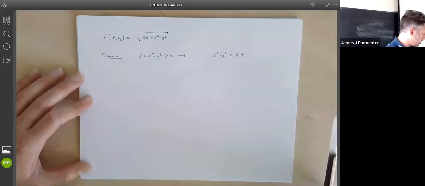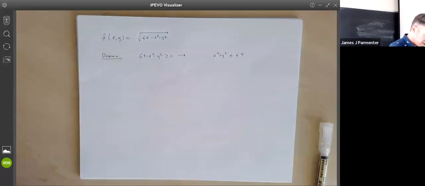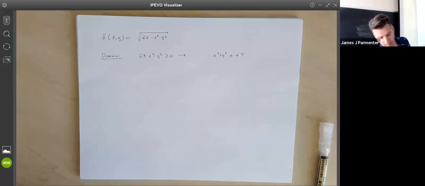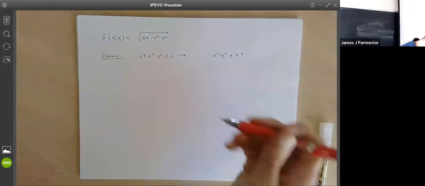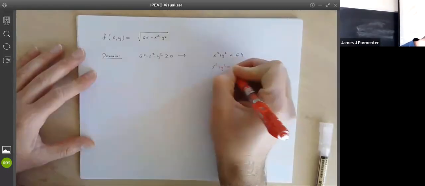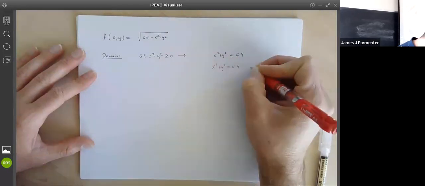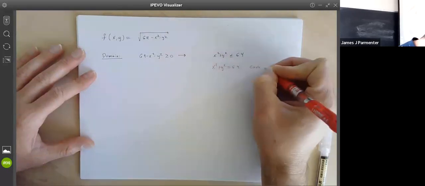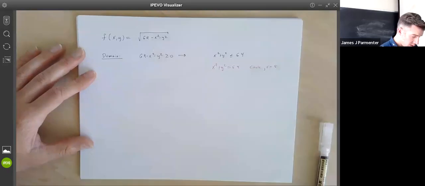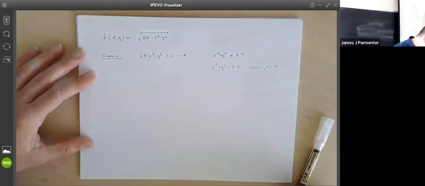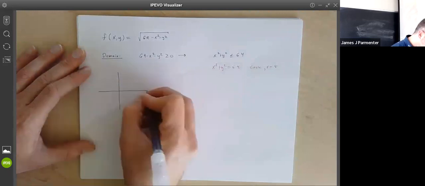We know that x squared plus y squared equal to 64 is a circle of radius 8. Center is the origin.